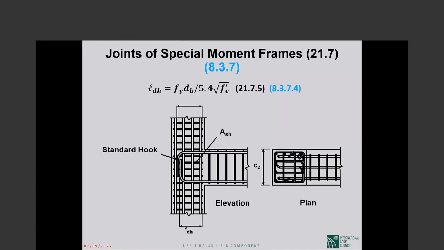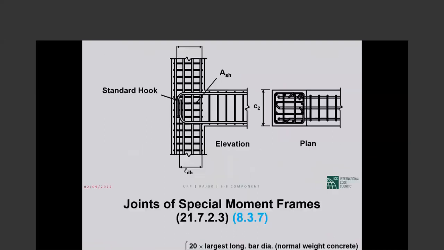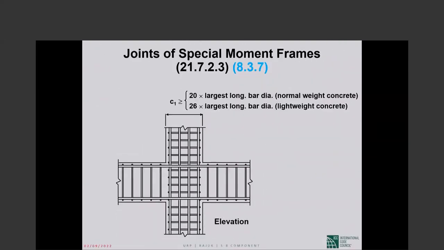And if you're terminating other than top bars that are straight at an exterior joint, then the required development length of that straight bar shall be 2.5 times the hook bar development length. Typically, you will not have enough room, so you will end up with hooks or heads or plates or something.